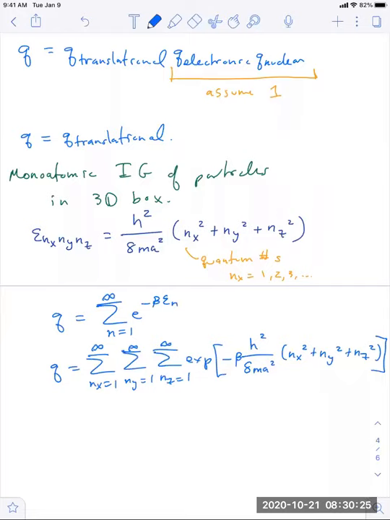Because we have a box and there's nothing distinguishing any of the 3 dimensions from one another, we can just write that as a single sum, and then cubed.